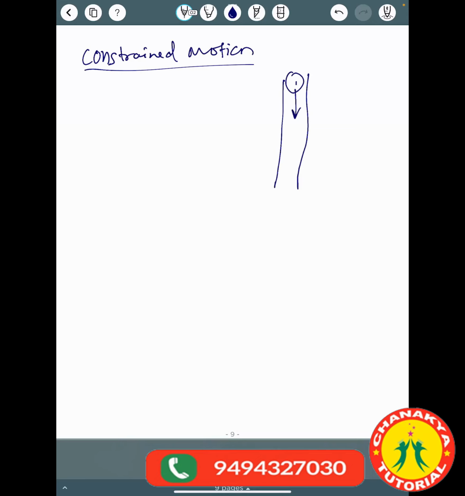It can go like this only, it cannot go out. So we are making this ball a constraint that it should move only in this direction. Understood? That is the meaning of constraint motion. The first constraint we have is a string constraint.